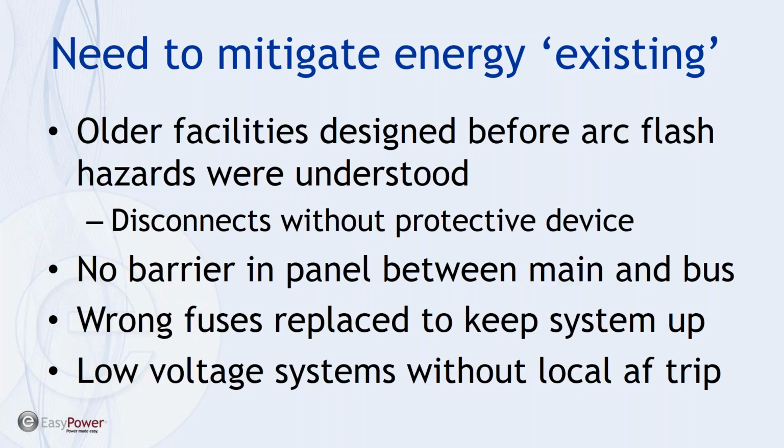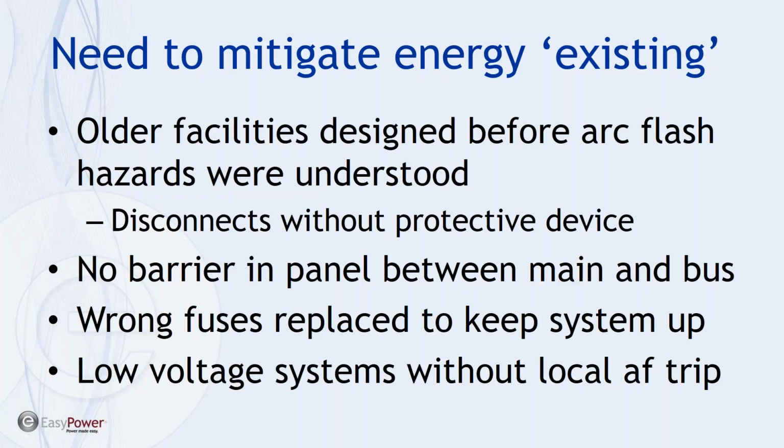Another frequent case of concern is an area where a panel or a panel board has no barrier between the main circuit breaker and the bus that needs to have hot work, and consequently we cannot utilize the trip characteristics of that main protective device in calculating incident energy.